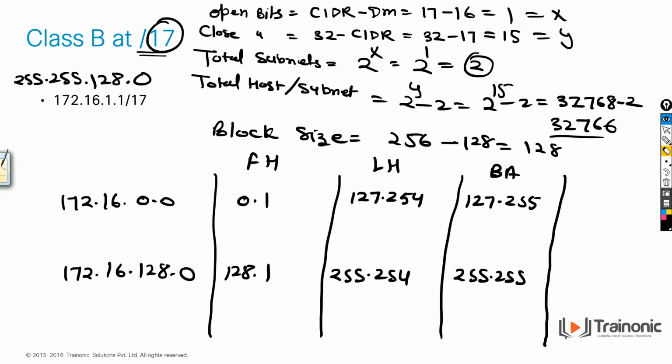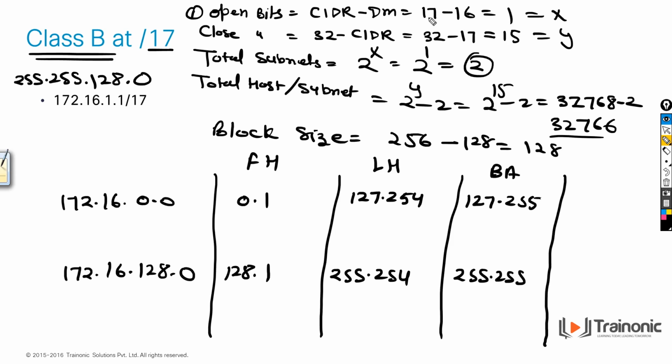We are talking about class B at slash 17. When we are using class B at slash 17, first of all we have to get the open bits. The open bits formula is CIDR minus default mask.